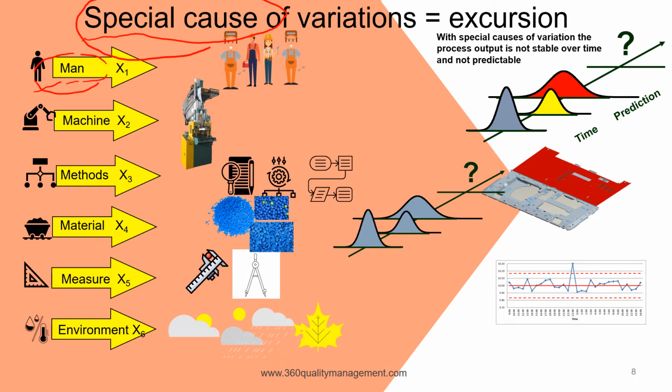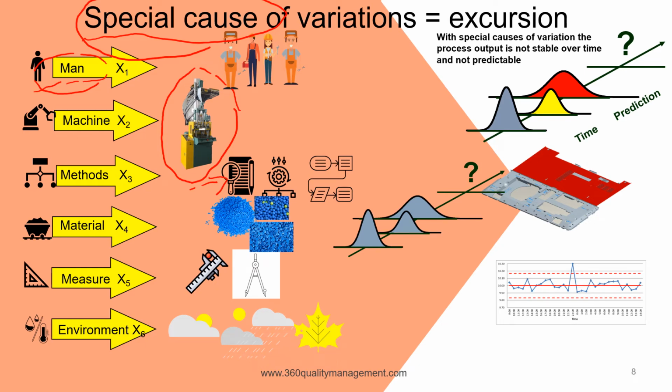It could be that man, suddenly there is an untrained operator, and the machine, it could be a different type of unqualified machine used for the product itself, and the methods, there could be changes in the SOP, or there is no work instruction that has been approved before it is used in the manufacturing line.